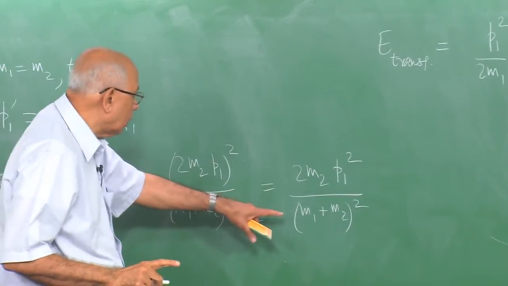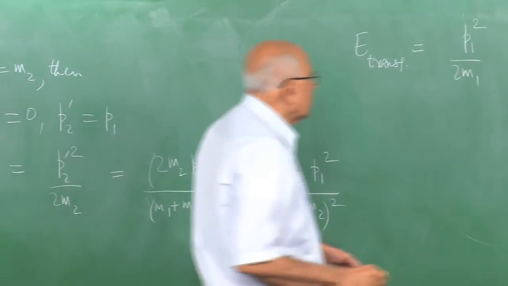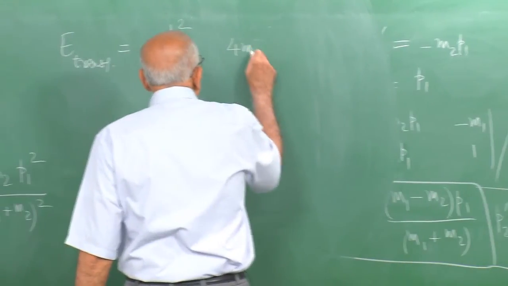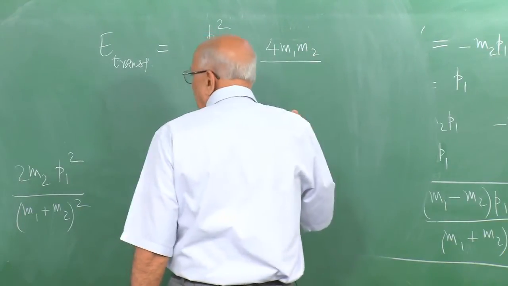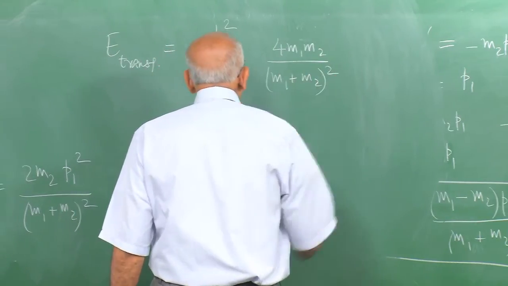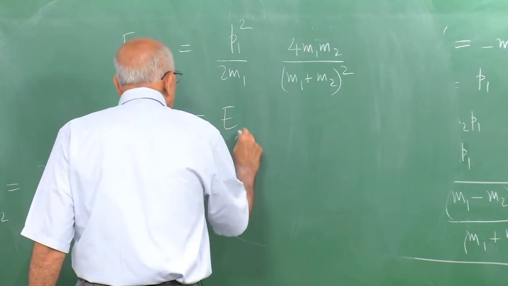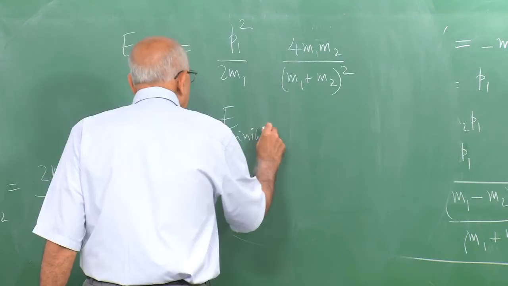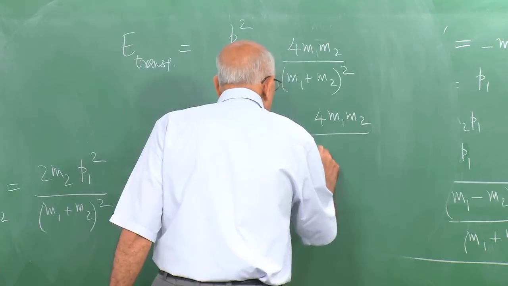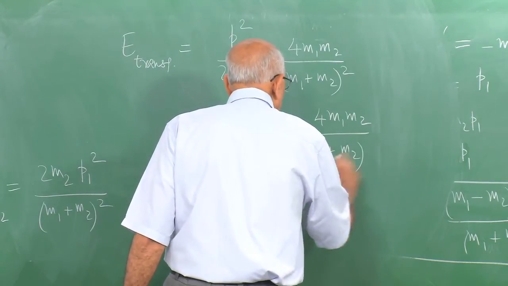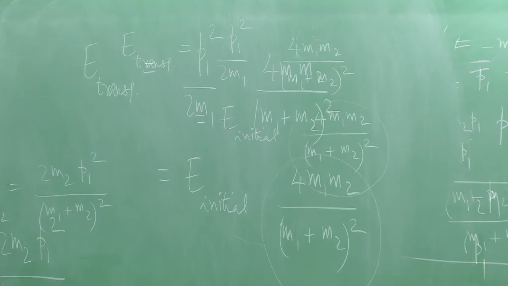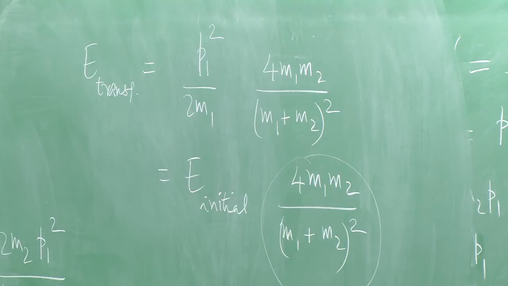So I divide by 2m1 and multiply through by it, and then you get times 4m1 m2 divided by m1 plus m2 the whole squared. But this is equal to E initial, that's the initial energy, times 4m1 m2 over m1 plus m2 the whole squared. So it's this ratio, that quantity, which tells you how efficiently this energy transfer is taking place.